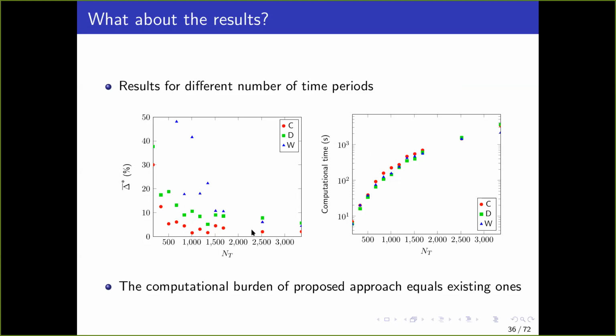So for any number of time periods that you choose, it seems that our method is working better than the others. And of course, if you choose 2,500 time periods, then the computational time savings are not going to be very high. But also on the right, you can see that the computational effort of the three methods are of the same order of magnitude.